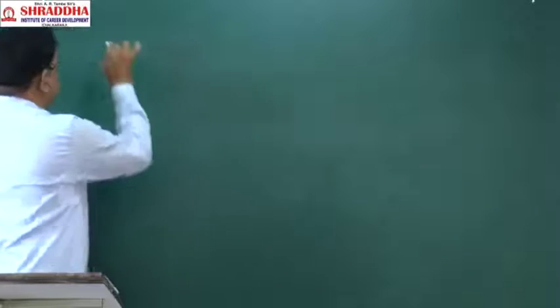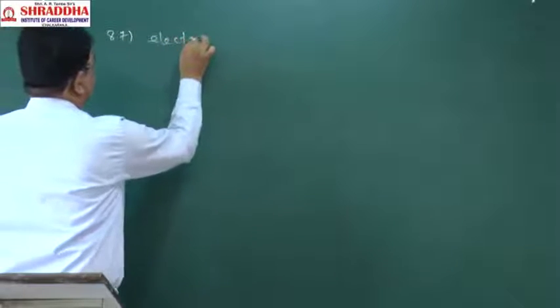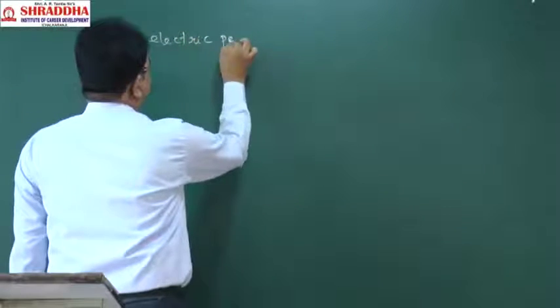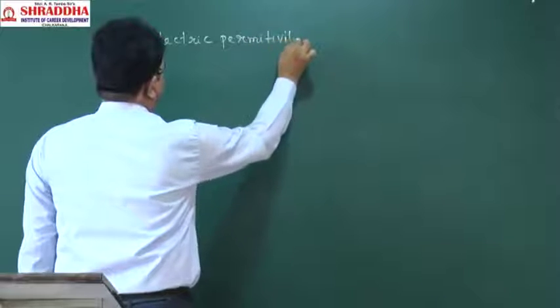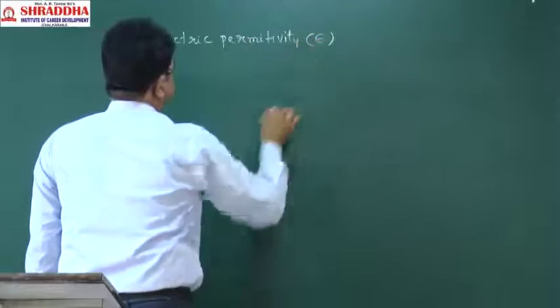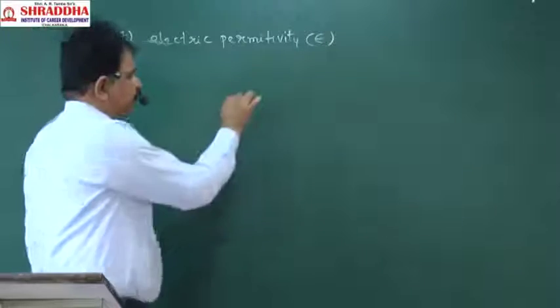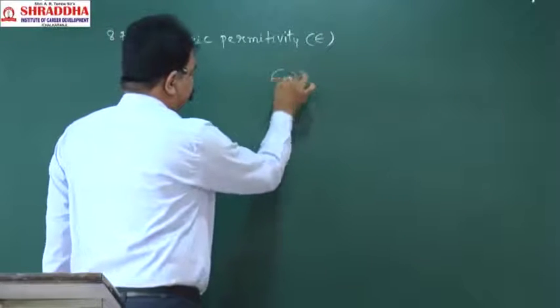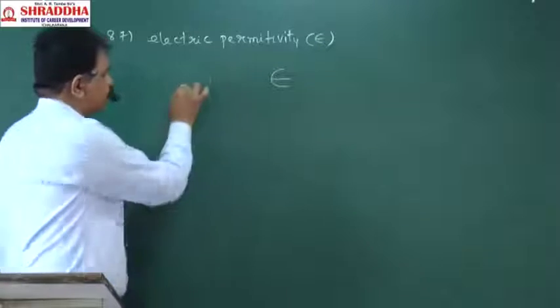Next, 87, electric permittivity. It is indicated by the letter epsilon. If you write like this, it will be called epsilon. Okay?